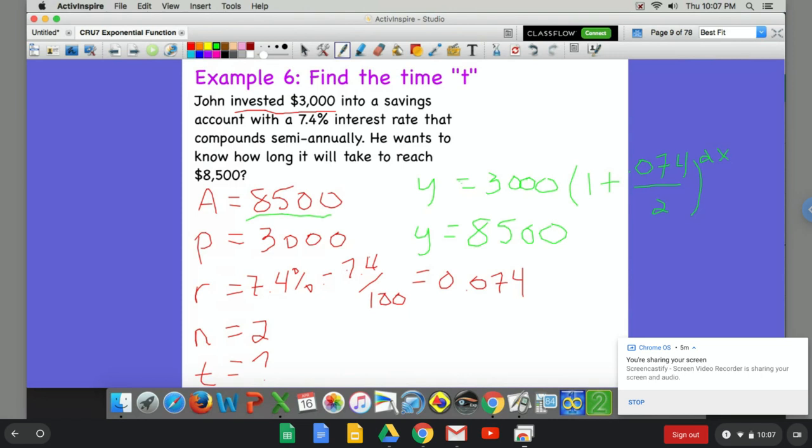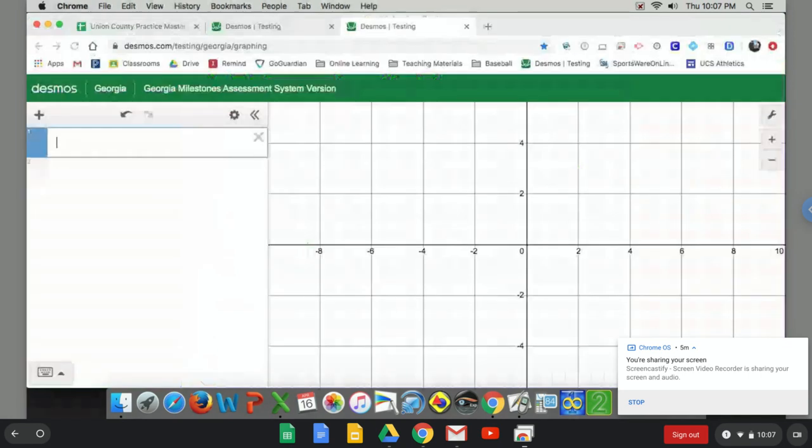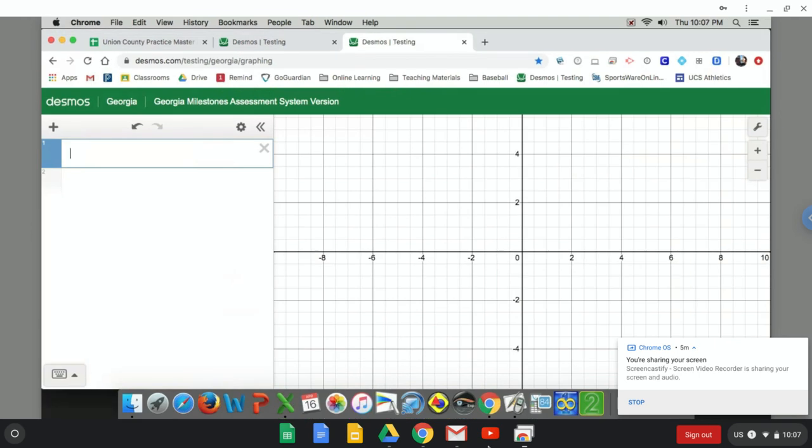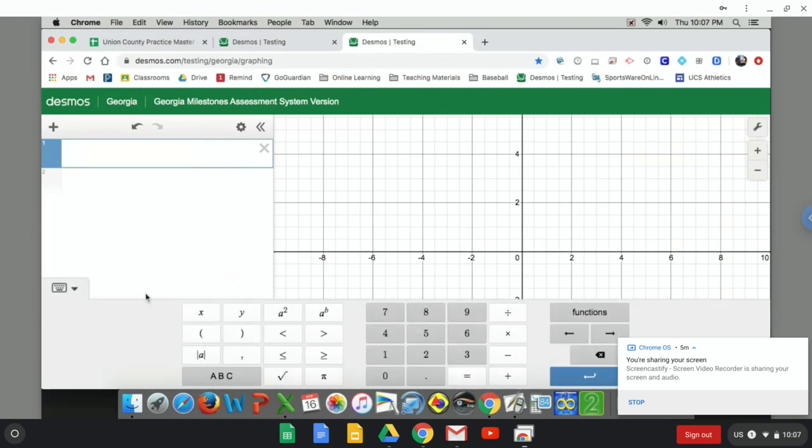And then if we punch in the bottom side, which is what A is, it's going to give us a line at 8,500. Well, where that intersects is going to be your answer, or the X value will be your answer. So let's see what that looks like. So we're going to type in our first one, and I'm going to use my keyboard. So I'll go ahead and pull that one up, but 3,000.